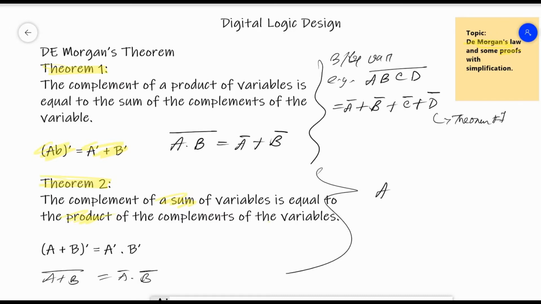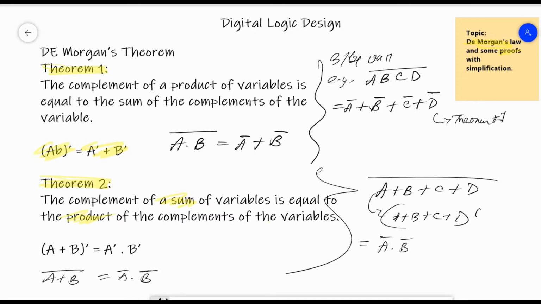So we can write it with this example too: (a plus b plus c plus d), taking 4 variables whole bar, can be rewritten or simplified using De Morgan's law as a bar dot b bar dot c bar dot d bar. So I hope you understood this one.